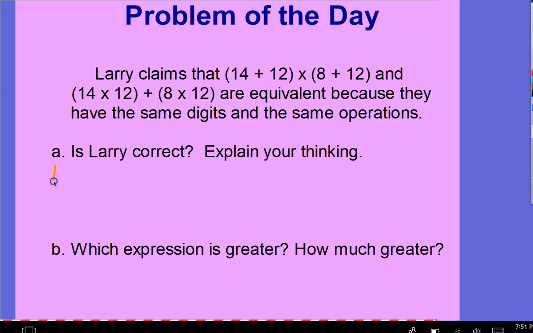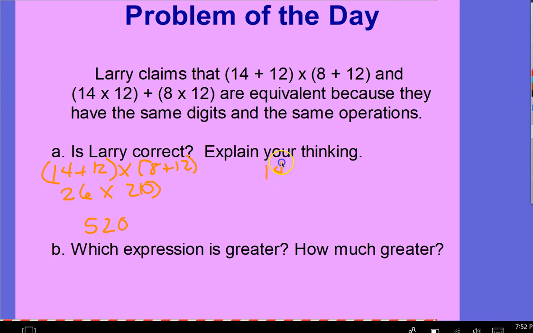So I'm going to start out with 14 plus 12, and I'm going to multiply that times 8 plus 12. So 14 plus 12 is 26, and I'm multiplying that times 20. So 26 times 2 is 52. One power of 10 here, so my answer is 520 for this first expression.